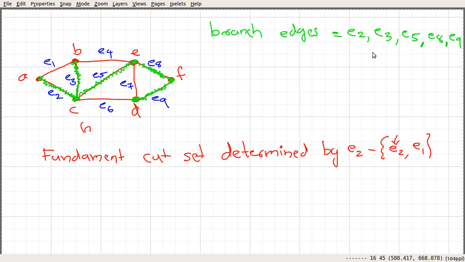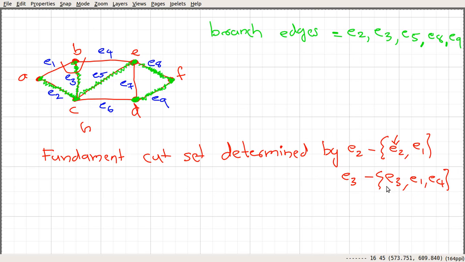Let's find a fundamental cut set in which E3 belongs. If E3 is there, then we could consider these three: E3, E1 and E4.